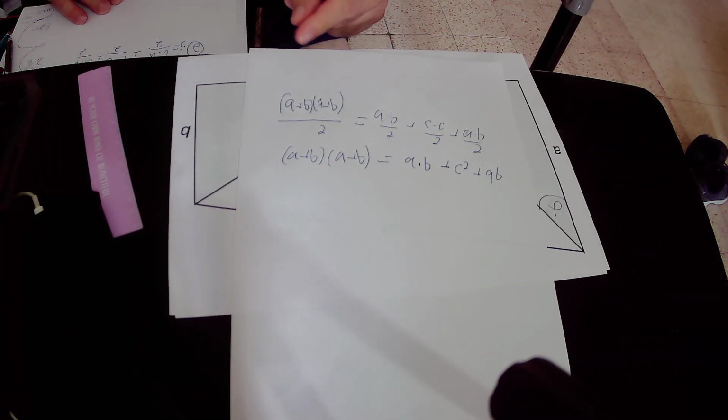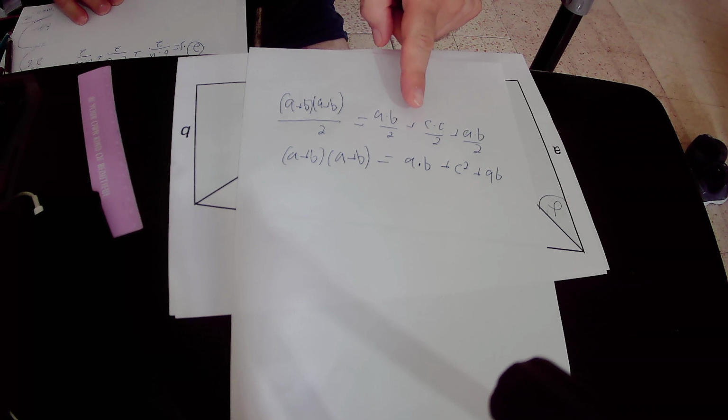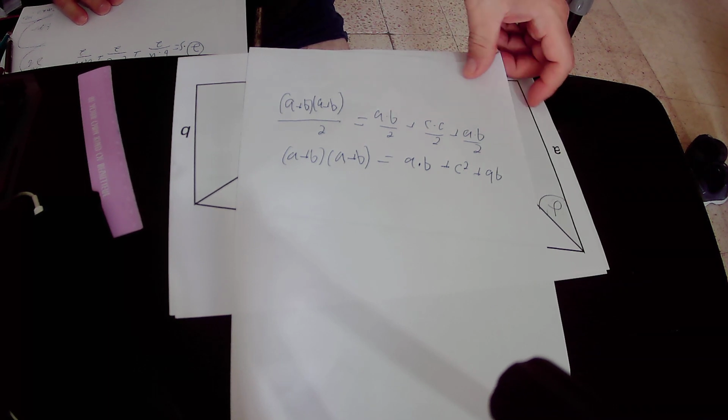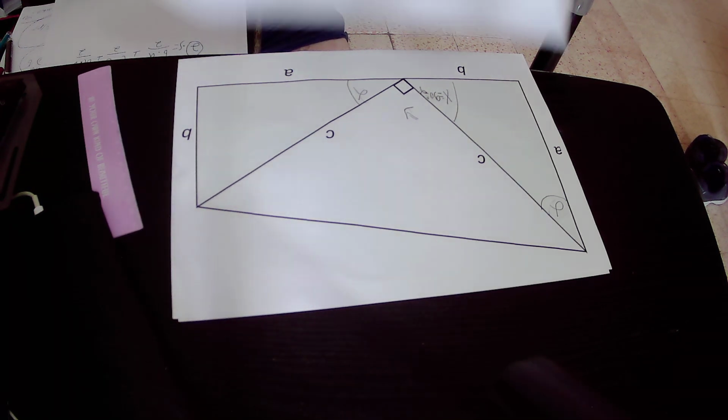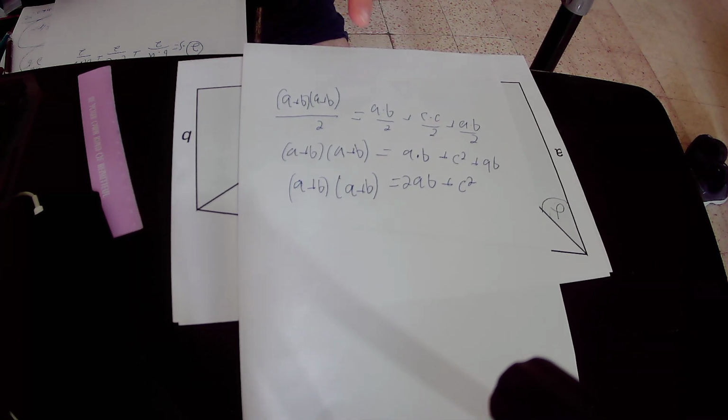Okay, so we multiplied the two sides of the equation by 2, so we got (a plus b) times (a plus b) equals ab plus c squared plus ab, so ab plus ab is 2ab. Okay, ab plus ab is 2ab plus c squared.